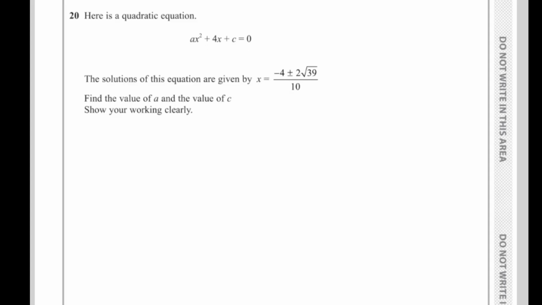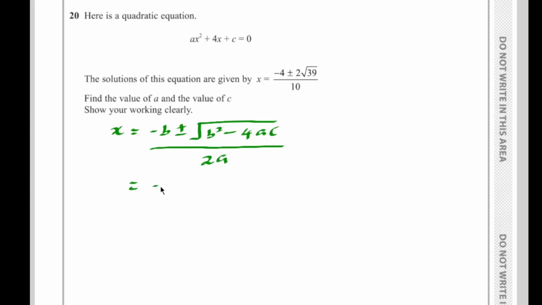And on the other hand, I know that I can use this formula for getting the solutions: x equals minus b plus or minus root of b squared minus 4ac, over 2a. Right? So let's substitute the values.